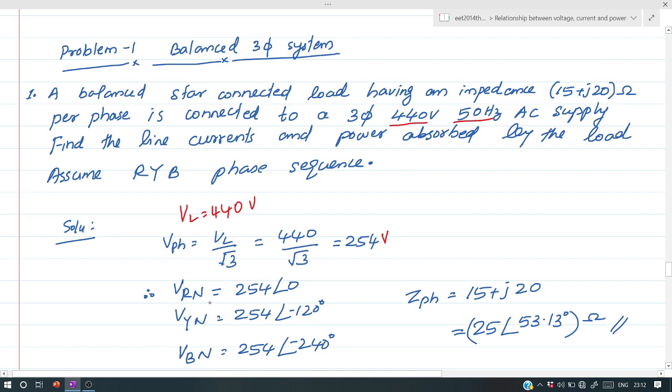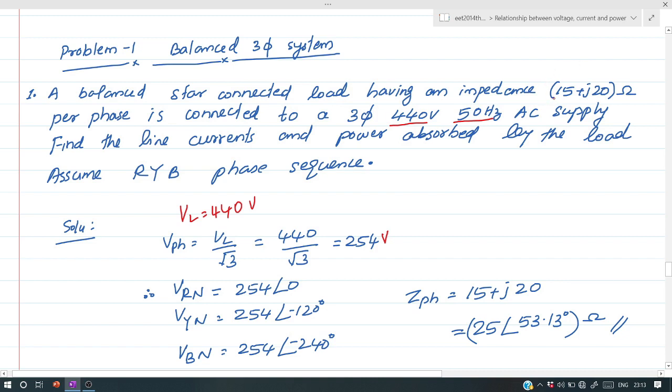Now taking VRN, that is the phase voltage of R phase, as reference, VRN is equal to 254 angle 0, VYN is equal to 254 angle minus 120 degree, and VBN is equal to 254 angle minus 240 degree volt.